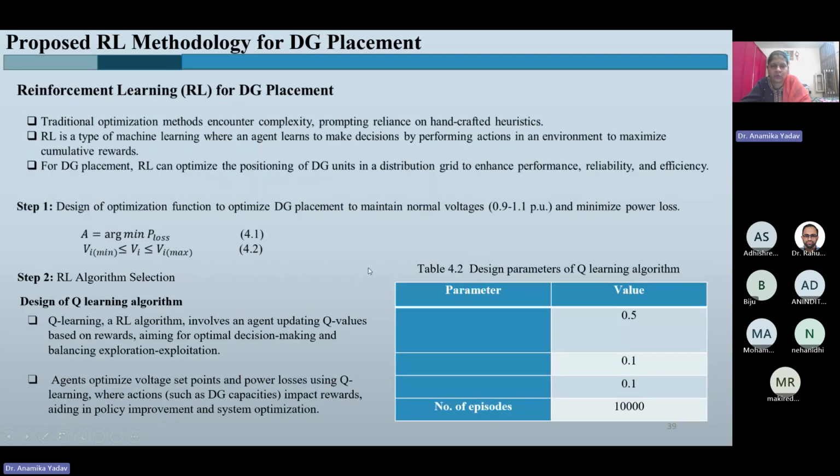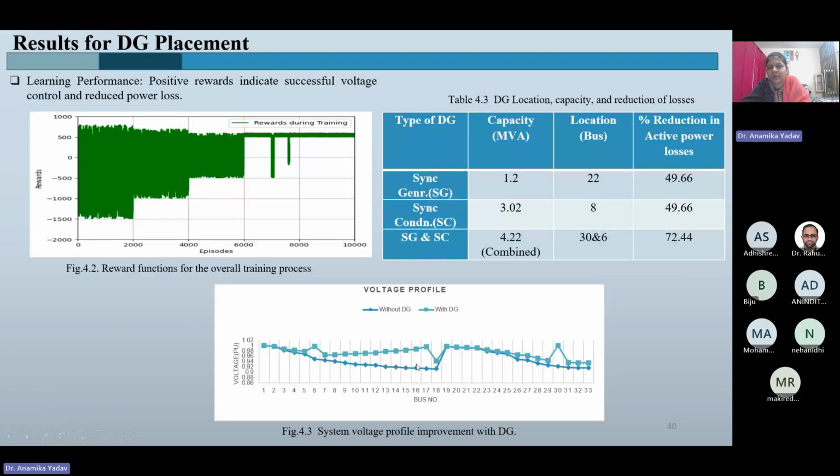To finally get the idea at which bus the DG should be placed, we have utilized the reinforcement learning algorithm, and this algorithm will give you the placement of DG at which bus will cause improvement in the overall voltage profile and reduction in the loss.